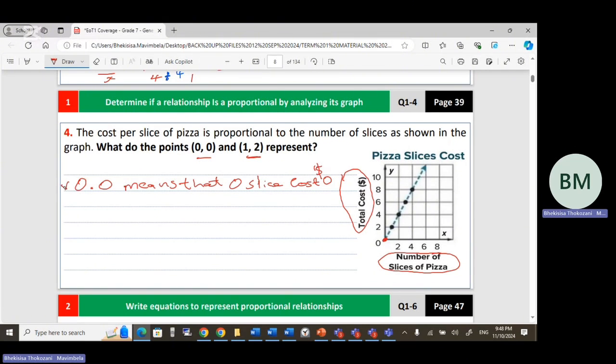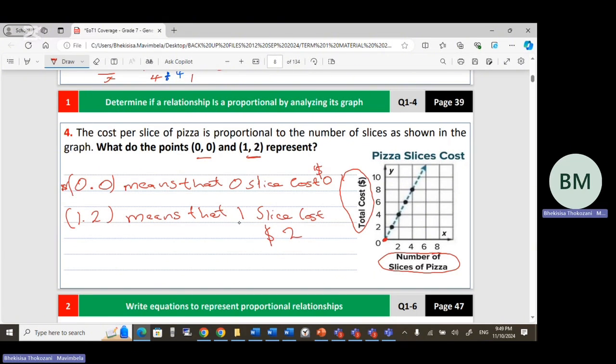So let's look at the next one. This is 1 is to 1, sorry, 1 is to 2. It means that for every 1 slice, it will cost $2.